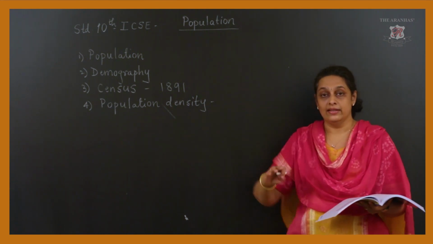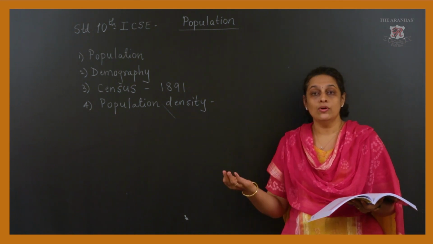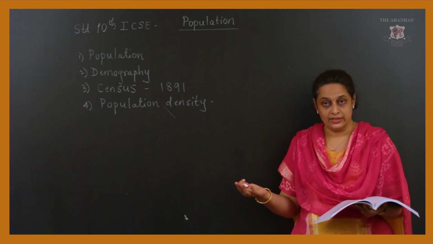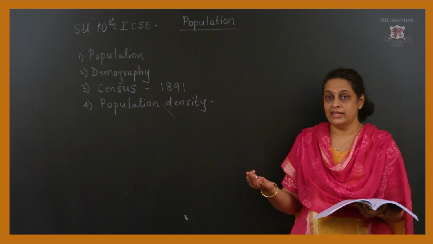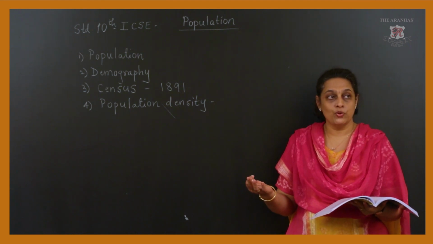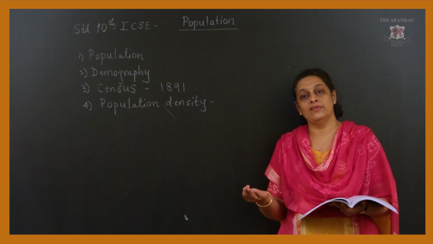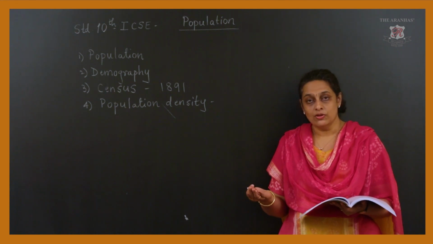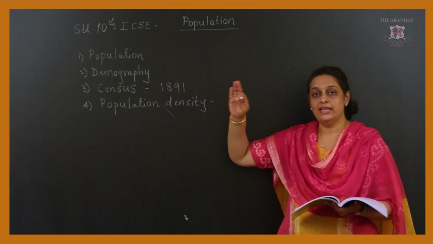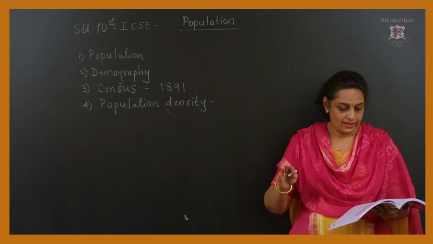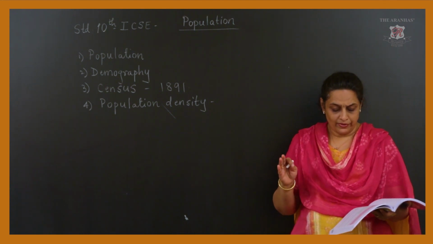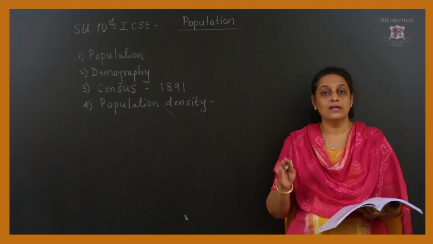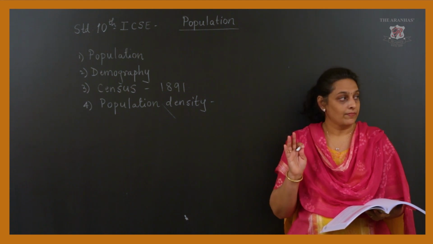On the other hand, if you go to a village, then population density is less, that is you will find less number of people living there. So, population density is nothing but the number of individuals per unit area.